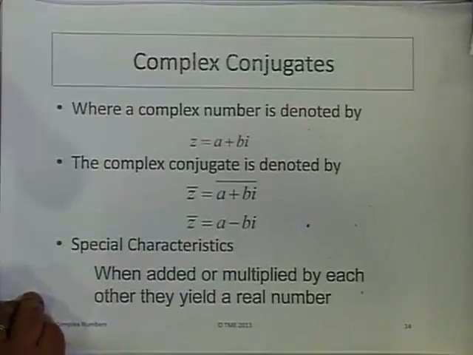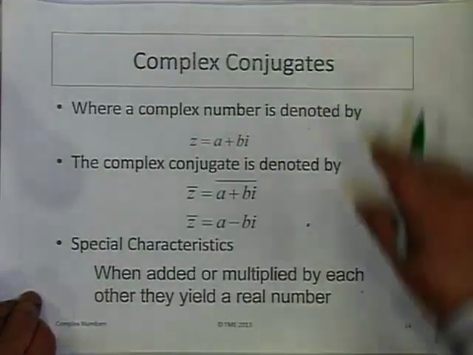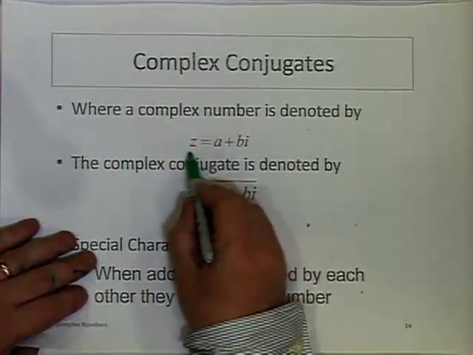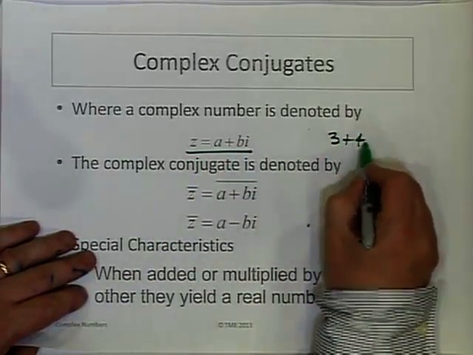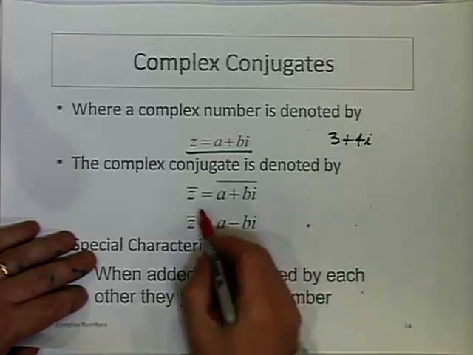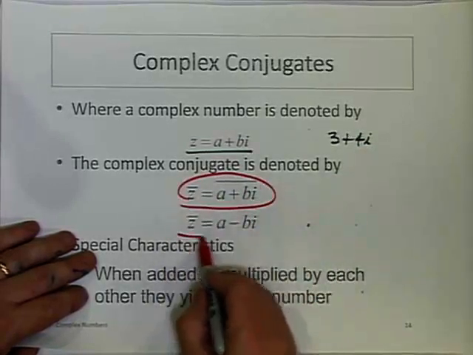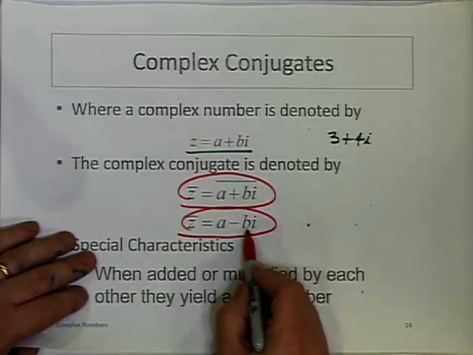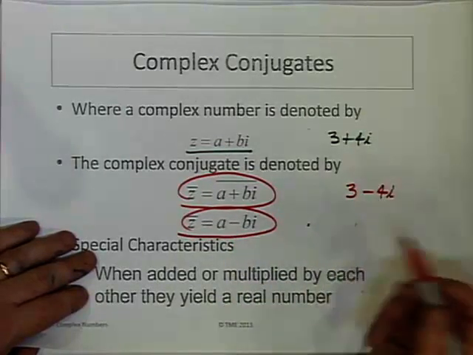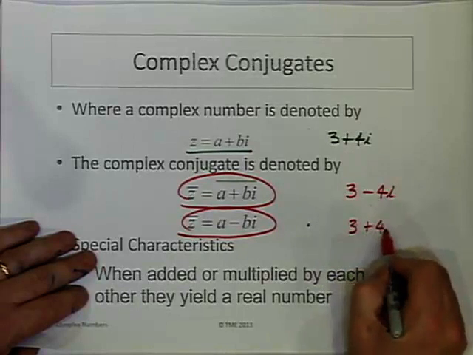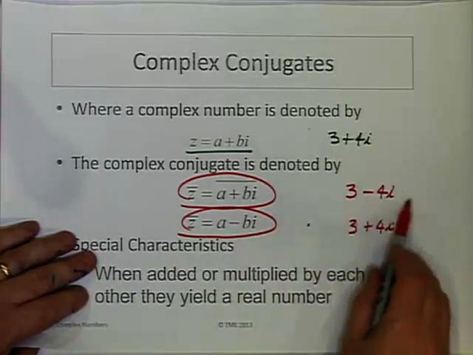So that's what the complex numbers are about and the complex conjugates. So they say a number is defined by a plus bi, 3 plus 4i, or anything at all, and its twin is always going to be the same number with the minus before it. Now, if it was 3 minus 4i, its pair would have been 3 plus 4i. In other words, minus in front of the number that was there.